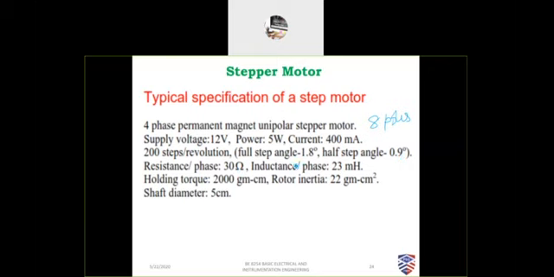Resistance 30 ohm, inductance 23 millihenries, holding torque 2000 gram centimeter. That means moving 2000 gram for 1 centimeter. Rotor inertia and shaft diameter are also given.